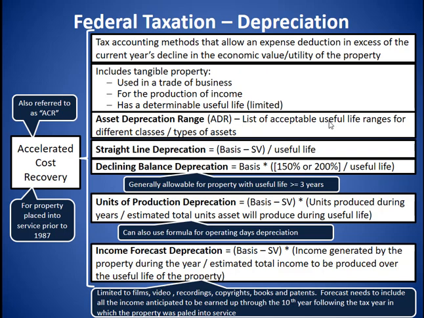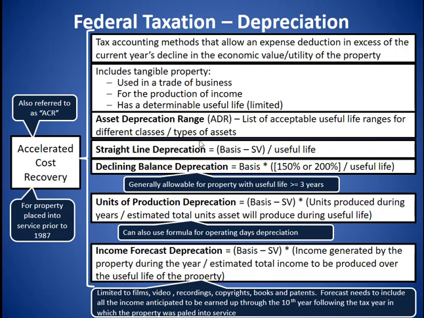So if you're a business and you had a particular type of asset, you would locate the proper depreciation range within the table and determine, there's a certain range you could depreciate that asset within. Again, typically the useful lives were shorter than the normal useful lives of the assets, and that would help accelerate depreciation.